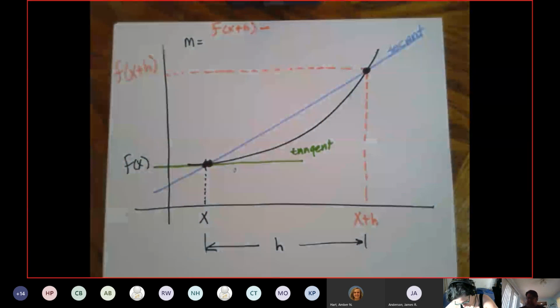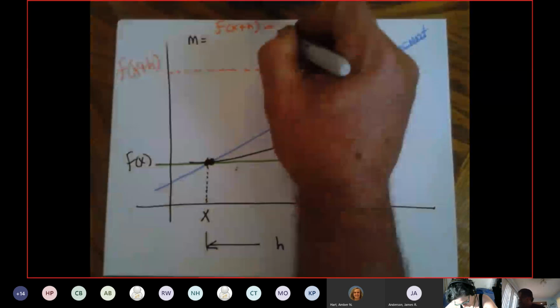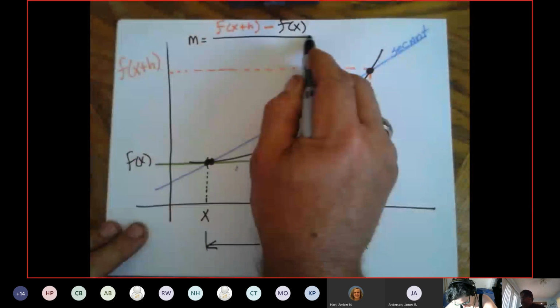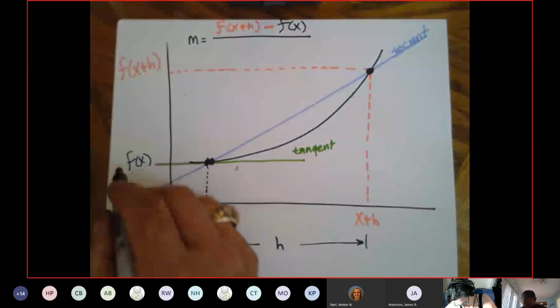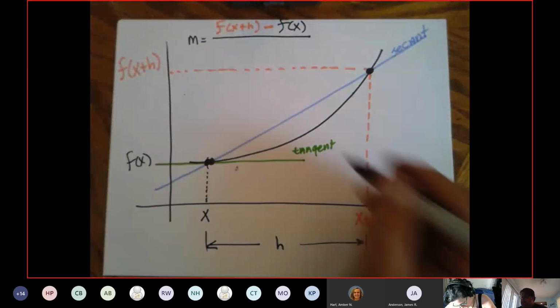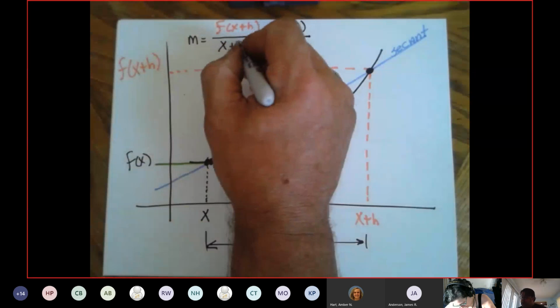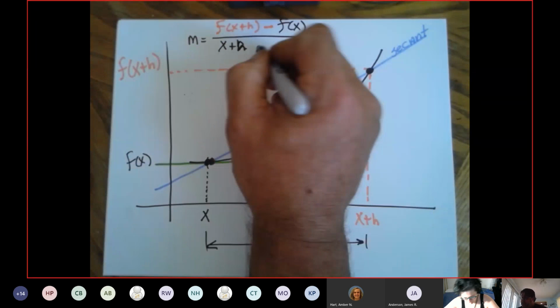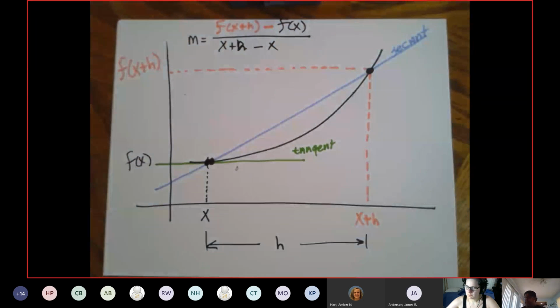So I'm going to change that to black. Over f of, or over, sorry, my x plus h, which is my x sub 2, x plus h, minus x, and that's supposed to be h, I'm sorry.